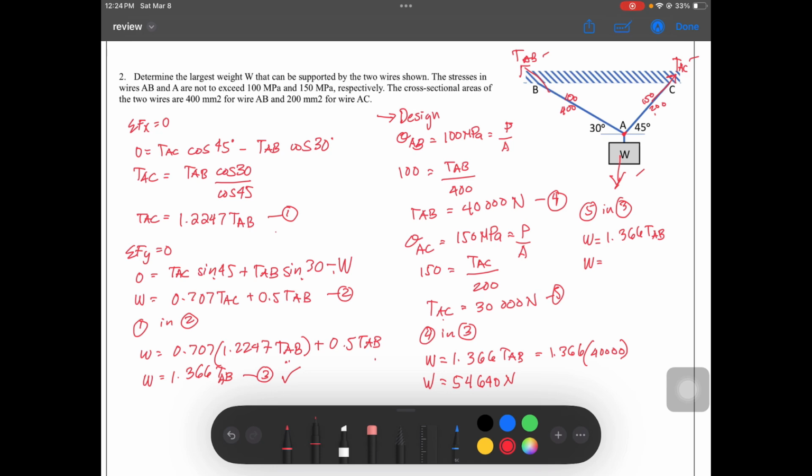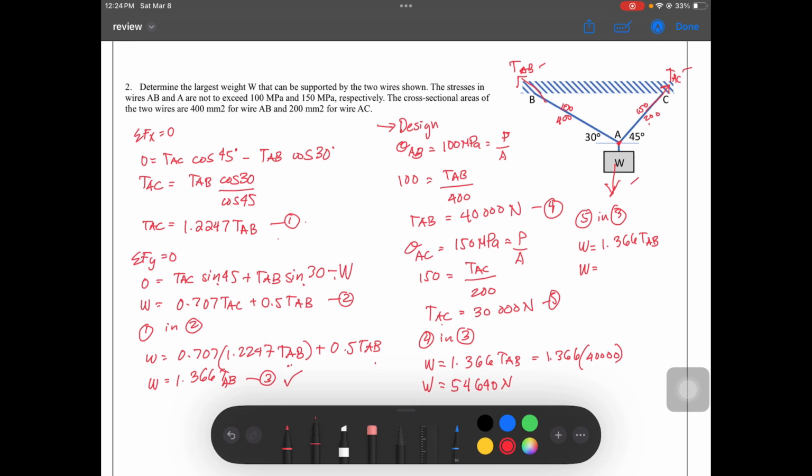So, kailangan natin is TAB ang isolated para in terms of TAC. So, ito yung isa-substitute natin dito.